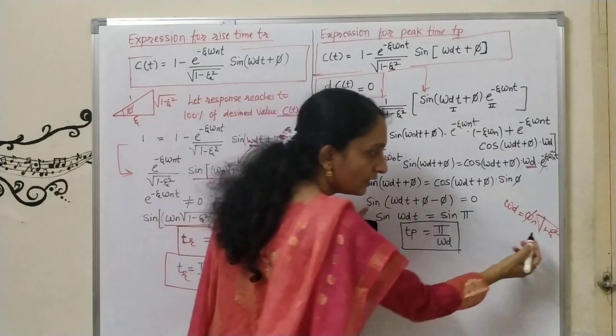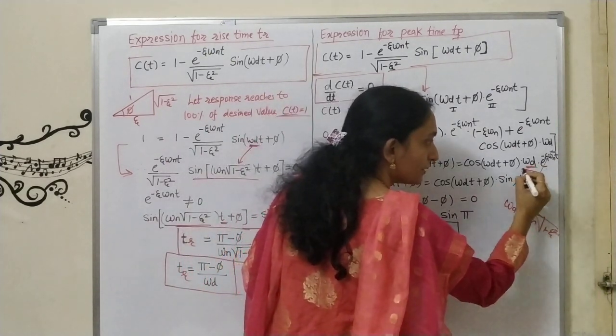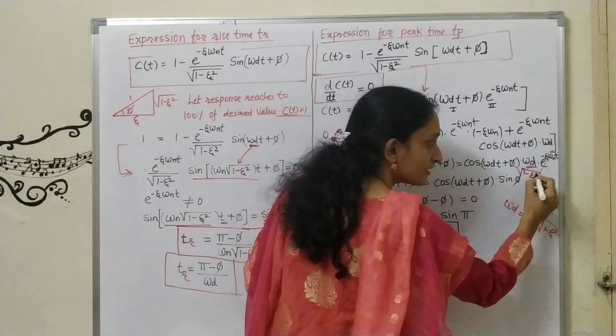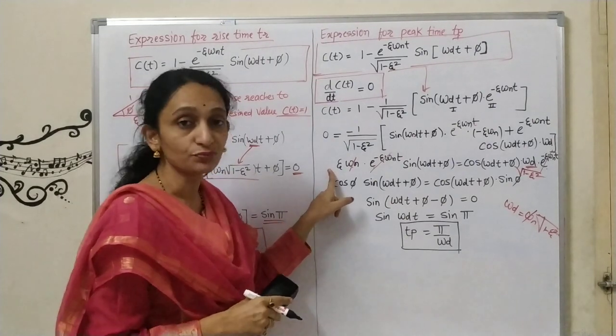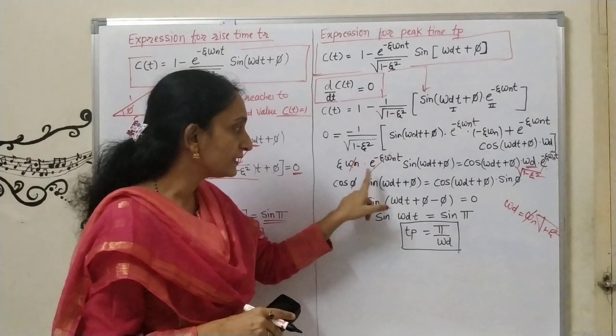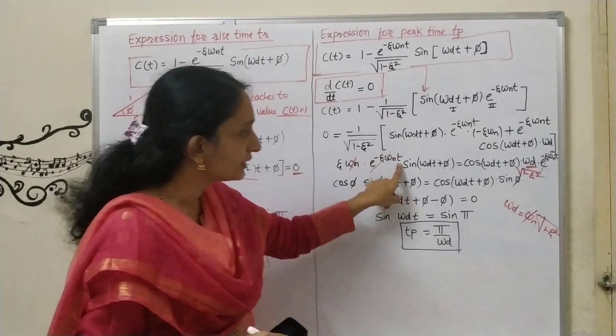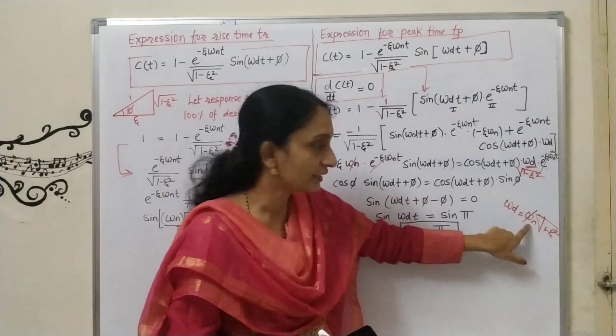So what will be left on the right hand side? This omega d will be replaced with under root of 1 minus zeta square. Now look at this step carefully. I have cancelled out the common terms, omega n e to the power minus zeta omega n t.